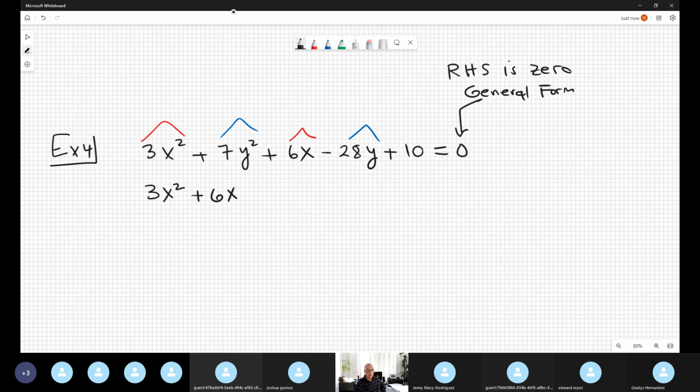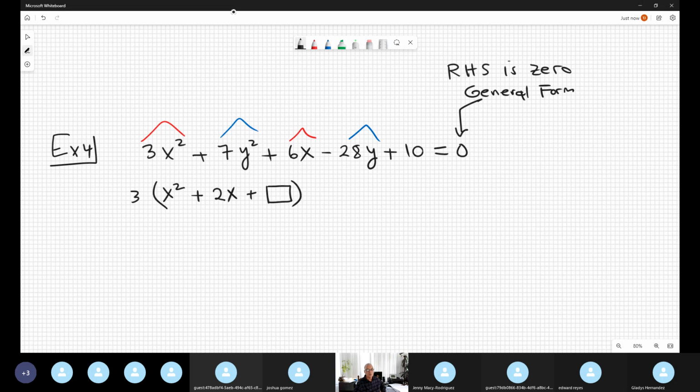But much better is you factor out the numerical part 3. You see that 3 is a common factor, so you put a 3 outside. And you have x squared plus 2x, because 2 times 3 is 6. Plus, you complete the square.